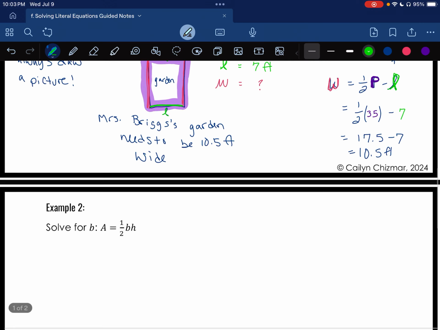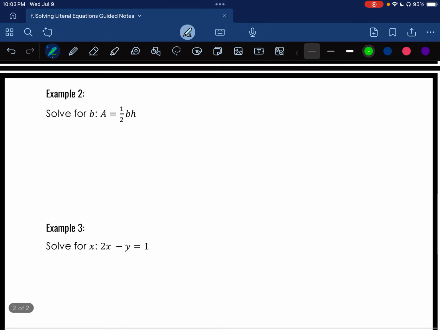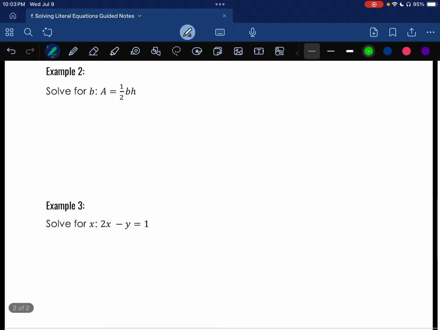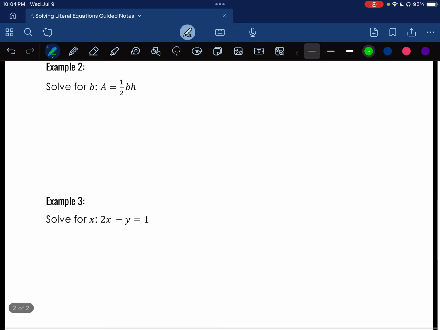Alright, so example 2 here, I'm going to show you what's actually happening. What we're going to do is use inverse operations to get the variable by itself.